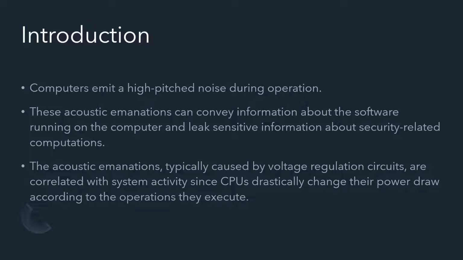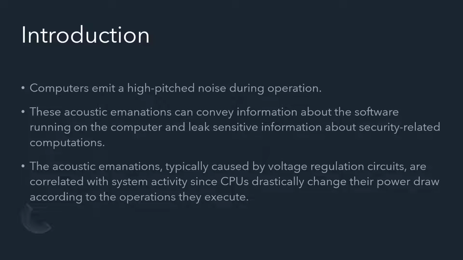When we look at our introduction slide, we see that computers emit a high-pitched noise during operation. Most of us have experienced that. These acoustic emanations can convey information about the software running on the computer, and sometimes can leak sensitive information about security-related computations.